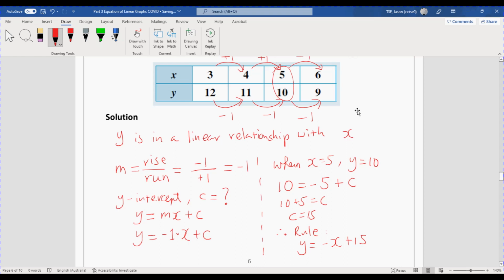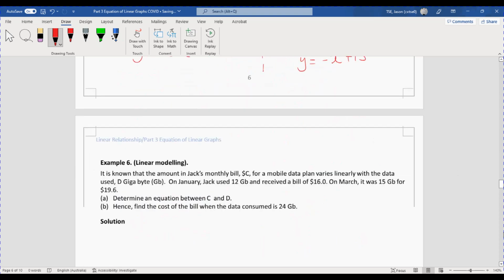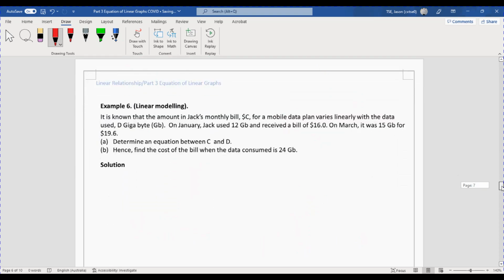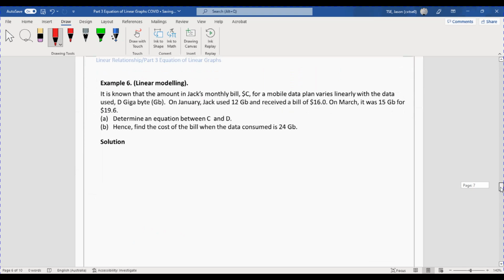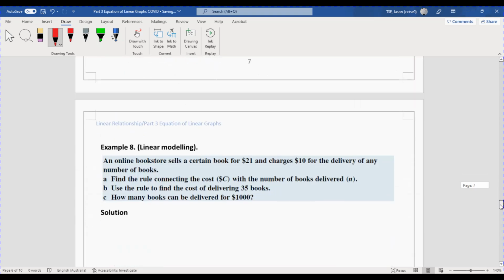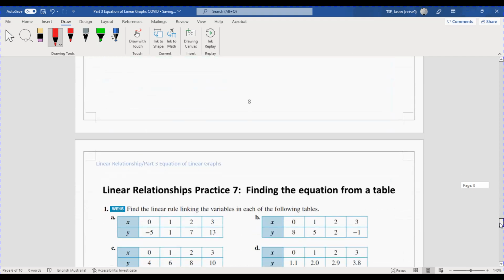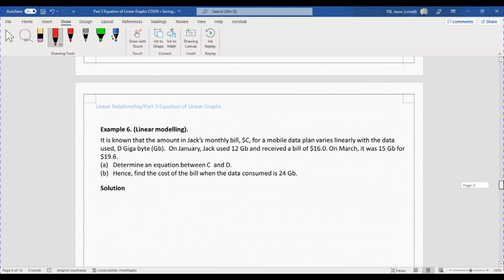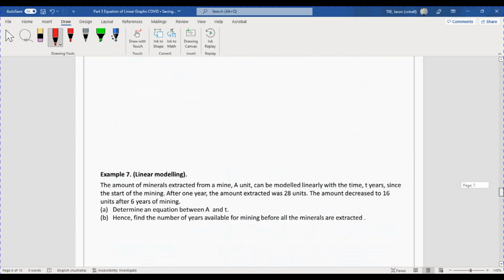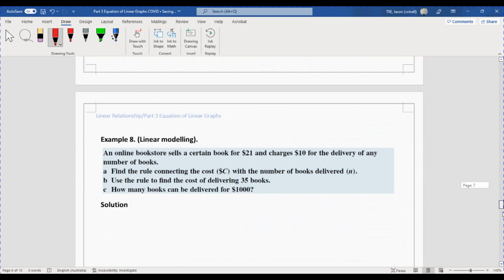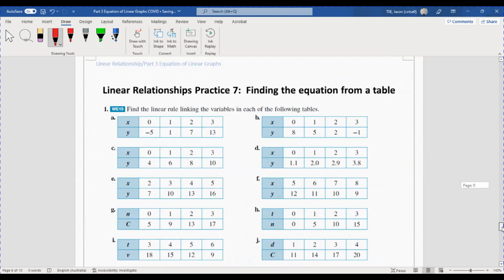Right? If you need to copy, raise your hand to ask the teacher to pause the video for you. Otherwise, I would just move on. There are three modeling questions in my handouts. It depends on you. If you want more time to consolidate your understanding first of using the table to find the linear rule, you can just let the teacher know.